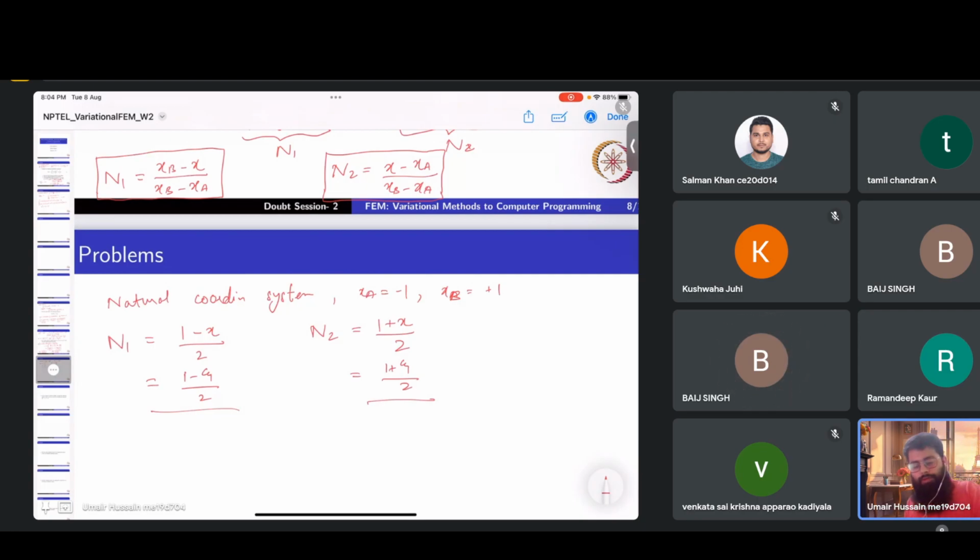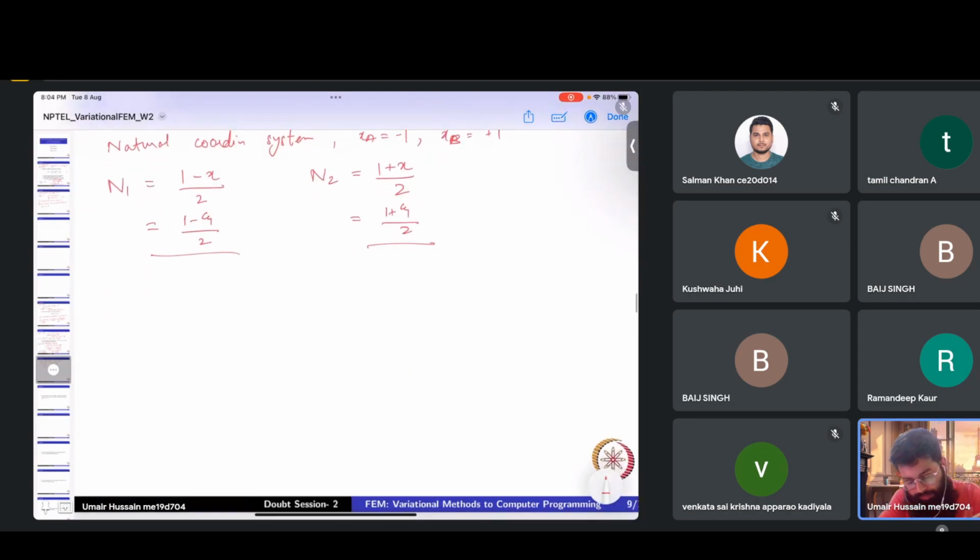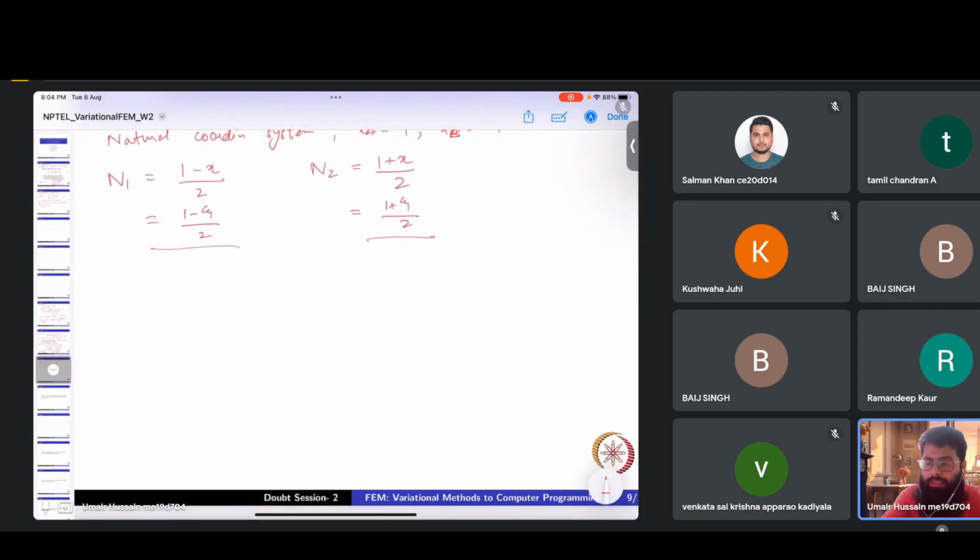This would work even for quadratic or higher order elements, and this technique would even work for 2D elements. In the quadratic case, you have a plus bx plus cx square equal to u1 n1 plus u2 n2 plus u3 n3.